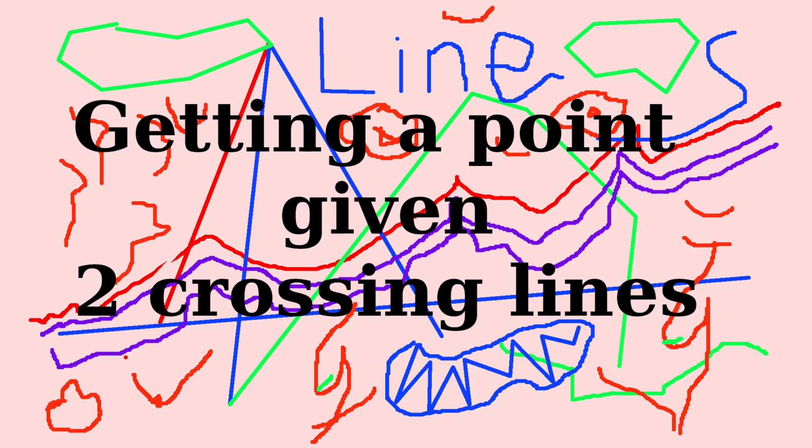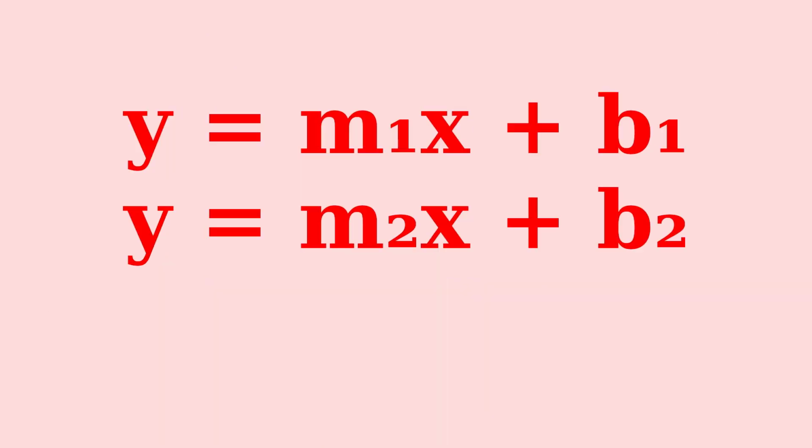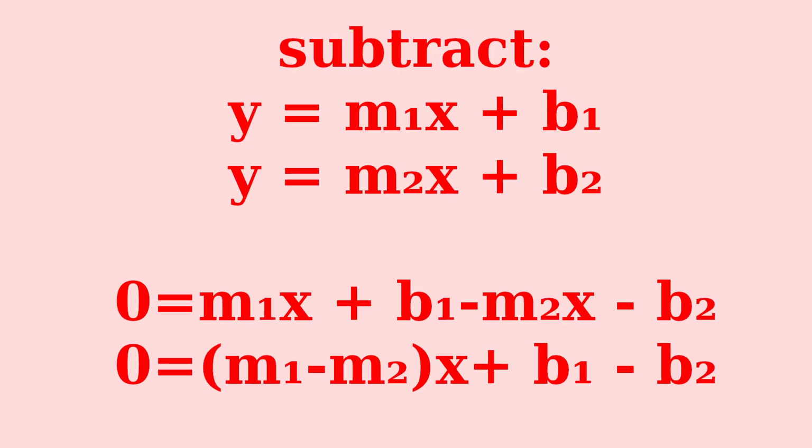Getting the intersection point of 2 lines is the next most useful thing. Solving the 2 linear equations together gives the intersection point. Here are the 2 equations with x and y unknown. Subtract one from the other. Solve for x.